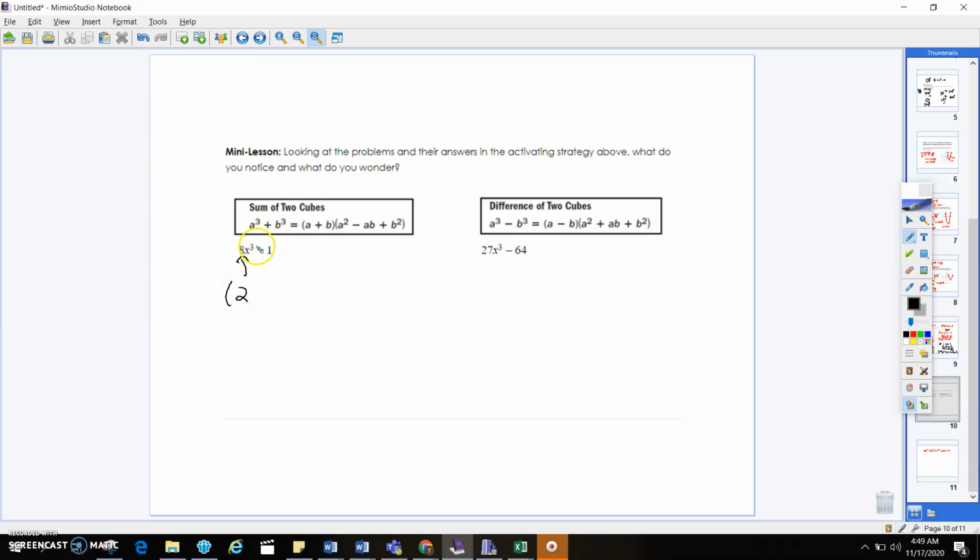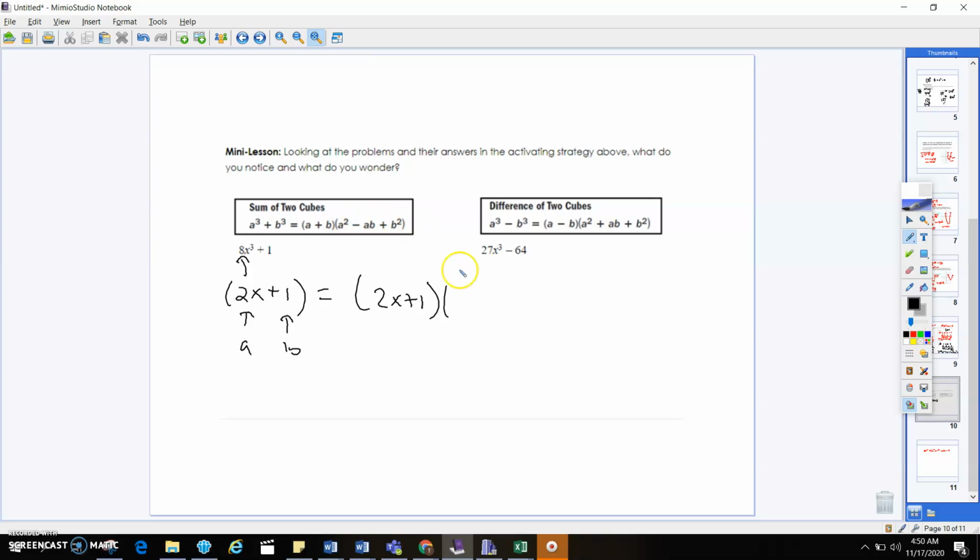Well, that's 2. And what's the cubic root of x to the third? That's x. So a is going to be 2x. For b, if you take the cubic root of 1, you get 1. So this is going to be b. So really we could write this out like this: 2x plus 1.